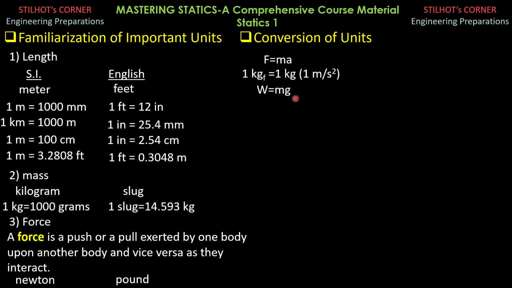But if the value that you memorize is 9.81 meters per second square, that's also allowed or applicable. So this is the weight, 1 kilogram mass times 9.807 meters per second square. So the weight of 1 kilogram mass is equal to 9.807 newtons.